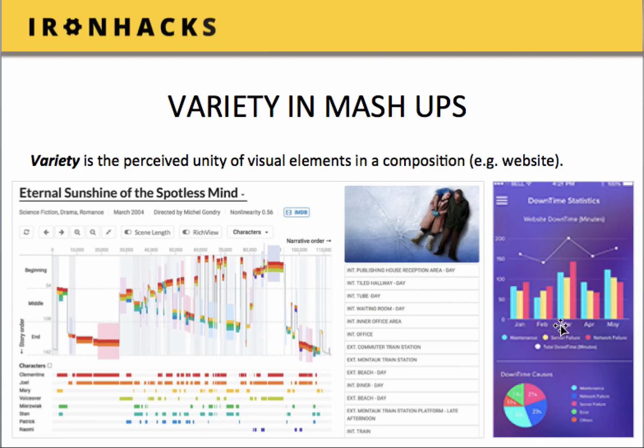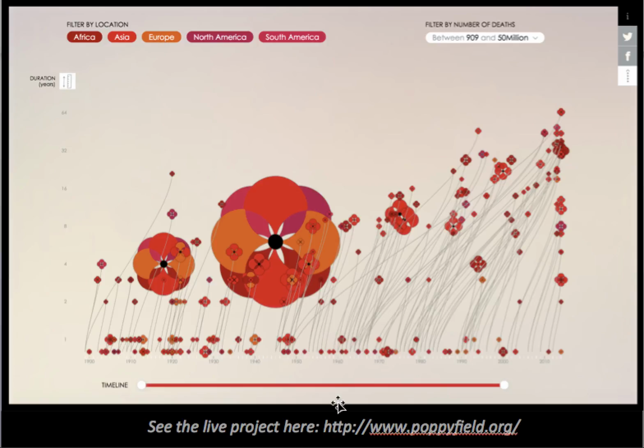So the use of very different and contrasting colors, for instance, causes the high perceived variety in this visual design. It creates excitement, but if overused can cause chaos, and especially so in the web design context, where it can overwhelm and confuse people.